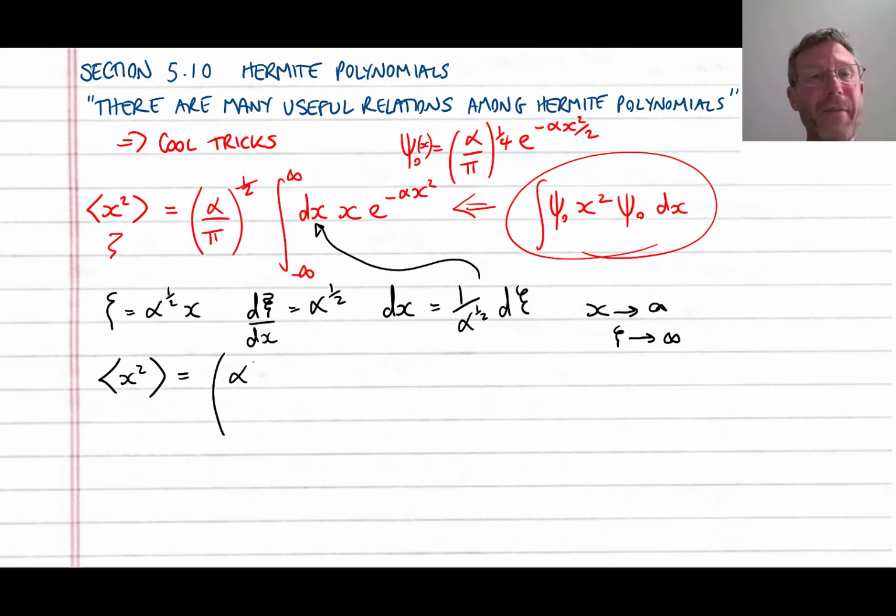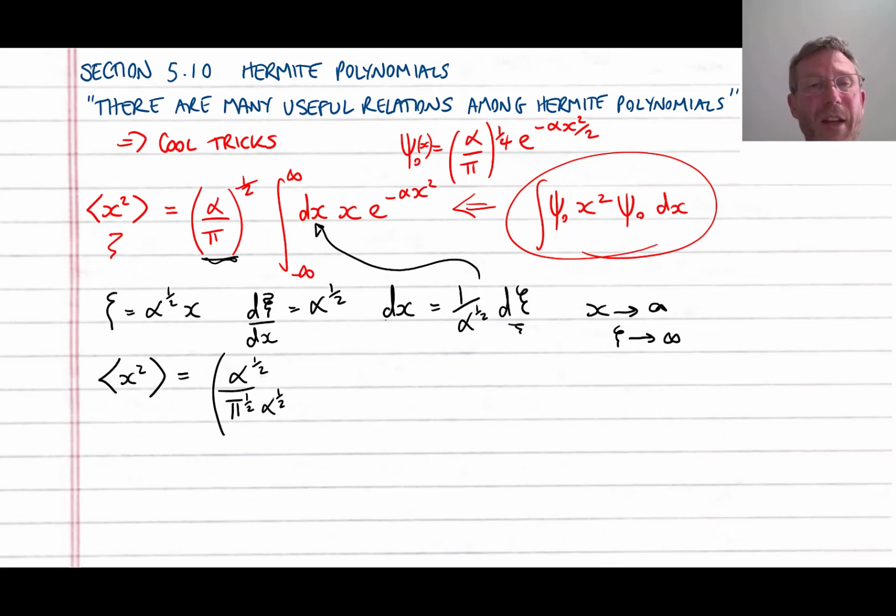So we've got an alpha to the half. We're also recognizing that when we replace the dx with d xi, we're going to have a 1 over alpha to the half. So not only do we have alpha to the half multiplied by pi to the half, from this piece in here, we've also got another alpha to the half term that comes from this substitution.